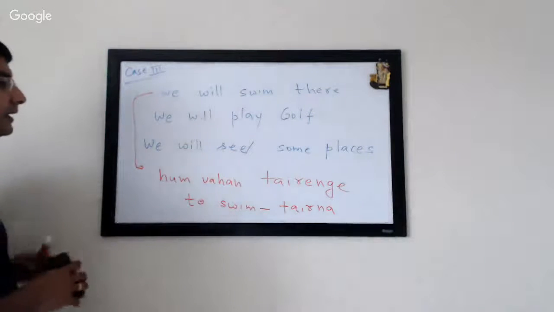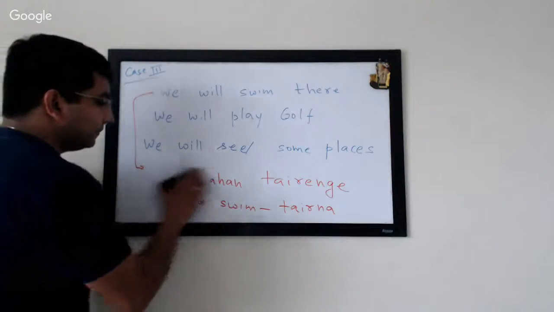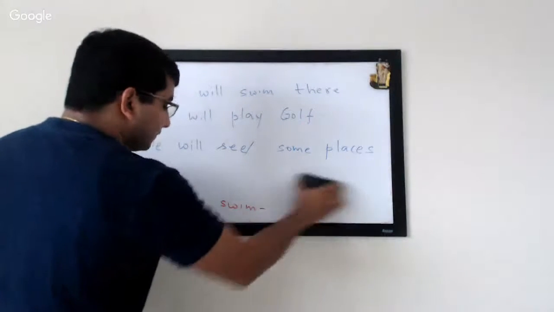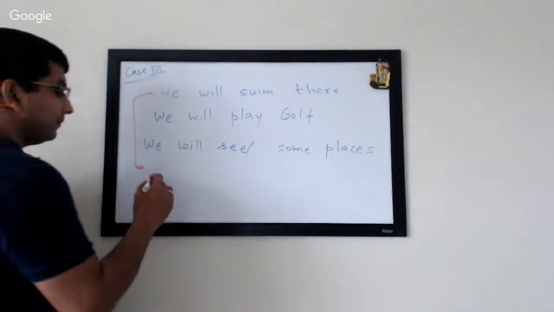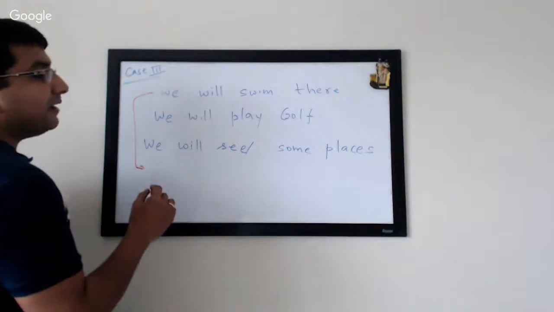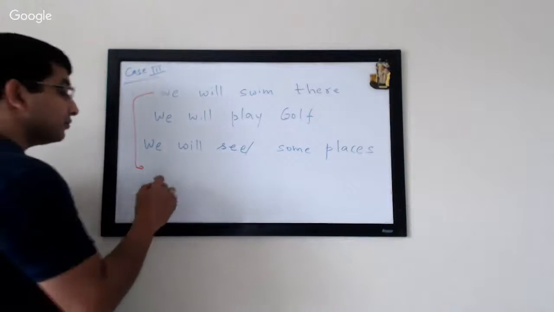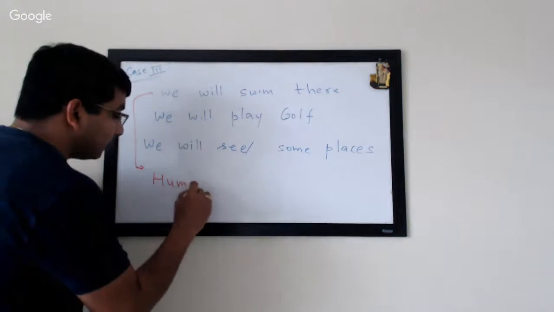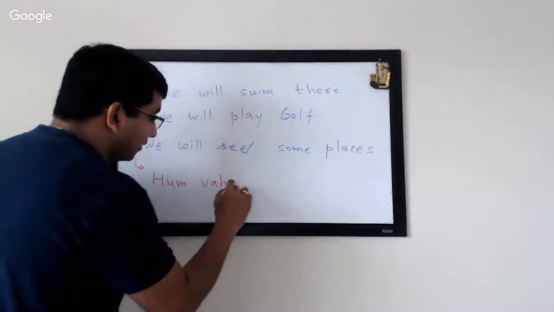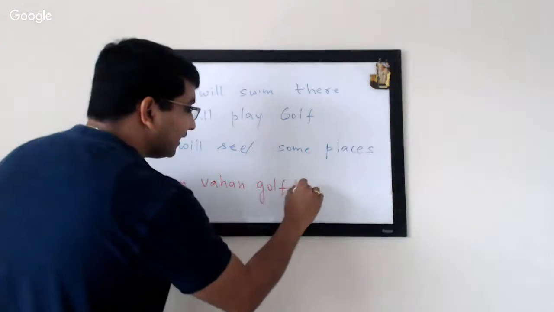हम वहाँ तैरेंगे. Next one, we will play golf. To play is खेलना. We don't really have a word for golfing, so you simply say हम वहाँ golf खेलेंगे.